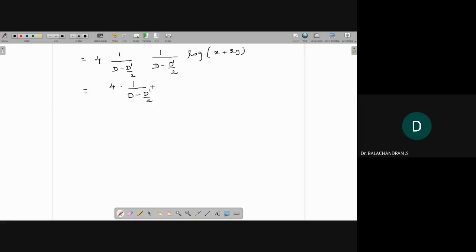If anyone knows how to apply that formula, you can tell, because I already saw 2 columns. I want to check that at least some of you know how to use this formula. So 1 by (D minus D dash by 2) of log of (x plus 2y).